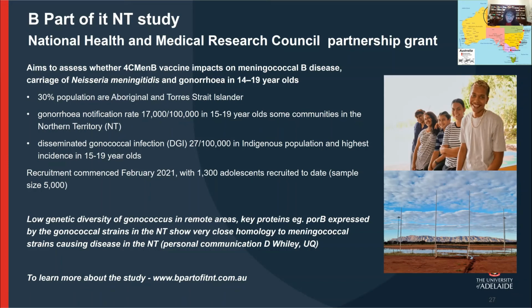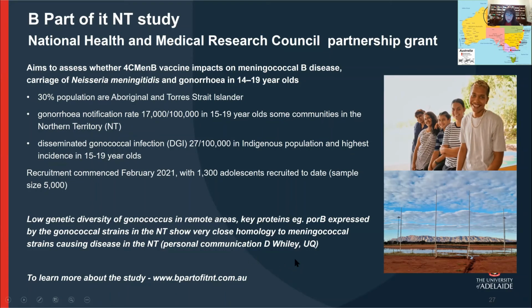In addition to that, there's quite low genetic diversity of the gonococcus in remote areas in the Northern Territory, and some of the Por expressed is very close, homologous to the meningococcal strains causing disease in the Northern Territory as well.